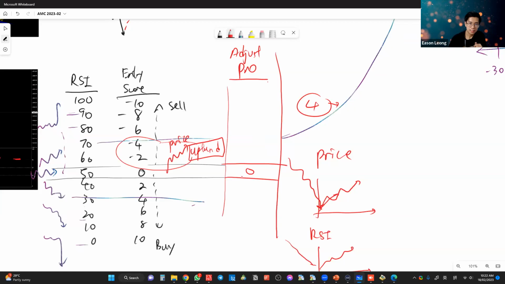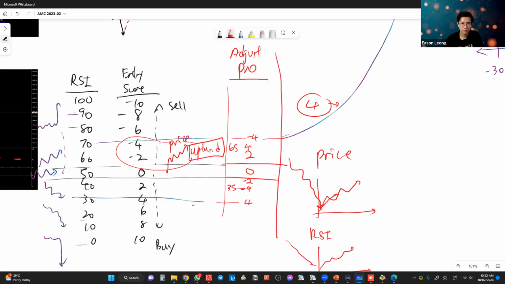Slightly above, like 60, is actually a little bit good to buy. Near 70, you can put a bit of score like 4. Like this is 65. Then at 70, it suddenly turns back to -4 again. Below will be 2 and 4. 4 is at 35. Then coming to 30, immediately turn to sell again. Immediately turn to buy again.